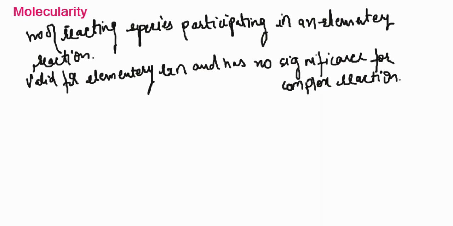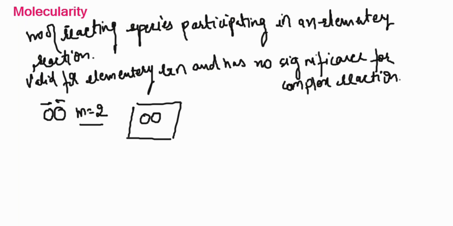Now what is molecularity of the reaction? Suppose there are two atoms colliding in a plane. Then the molecularity is called 2. Here molecularity is 2, so it is the number of atoms or species colliding in a single plane. The maximum number of molecules which can collide together is 3.